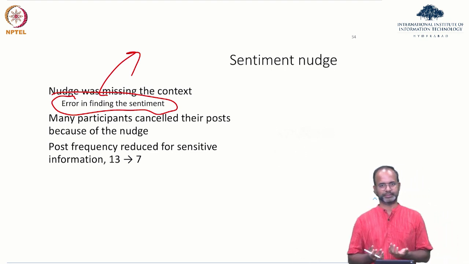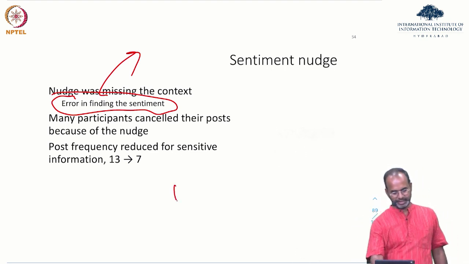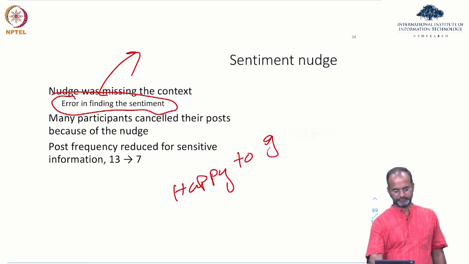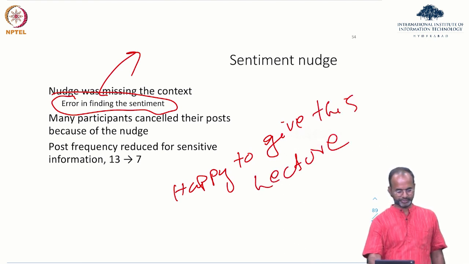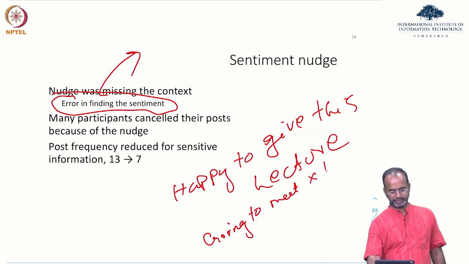code-mix data also, not necessarily only English. For example, "Happy to give this lecture." This could be one of the posts, or it could be "Going to meet X during Diwali, मजा आएगा."